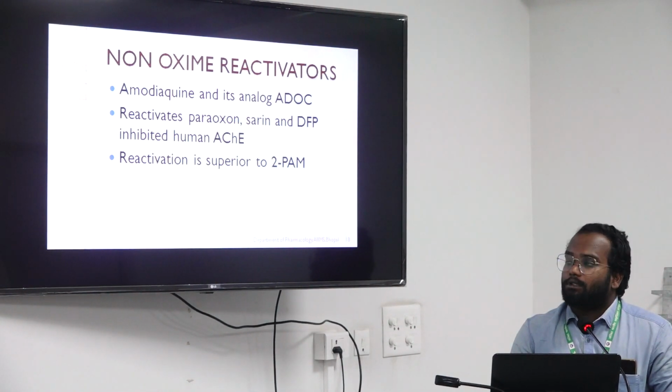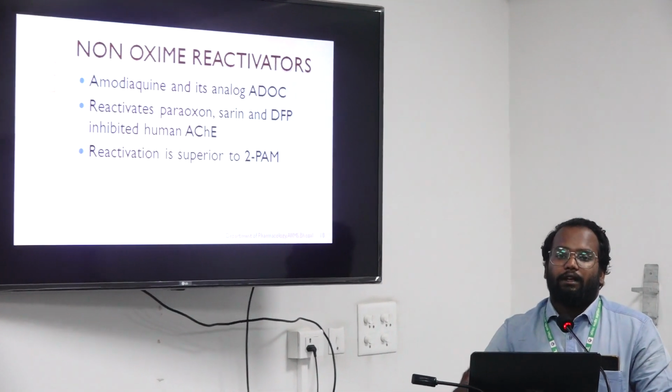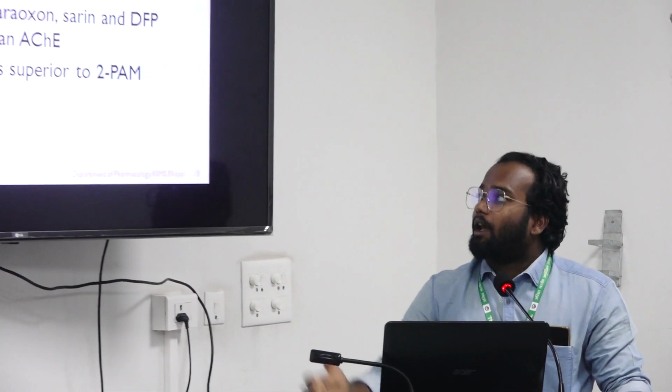They both have reactivating action against paraoxon, sarin and DFP. Their acetylcholinesterase reactivating activity is superior when compared to pralidoxime. So this can be a future milestone in OPC management: non-oxime reactivators of the acetylcholinesterase enzyme.